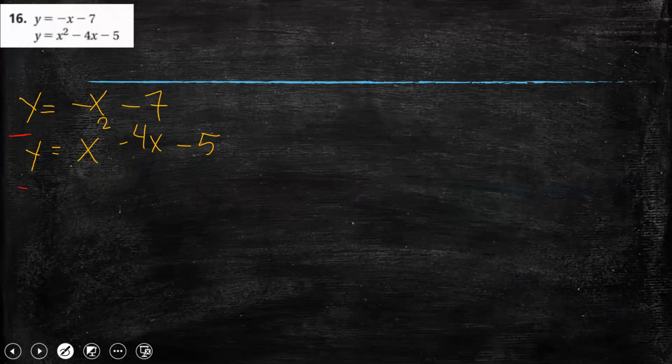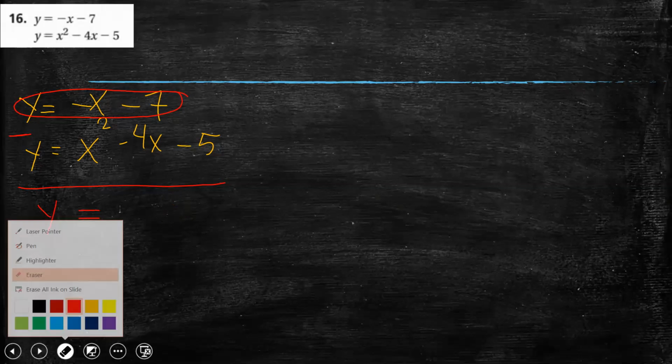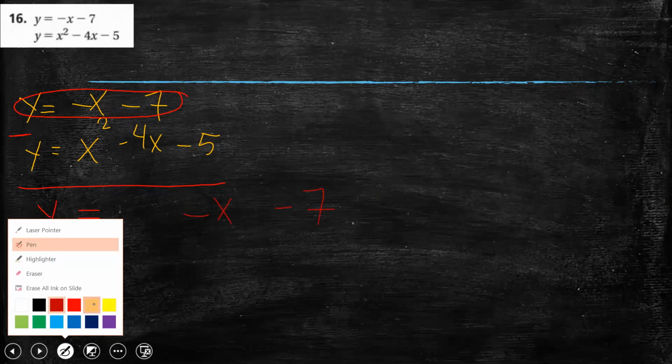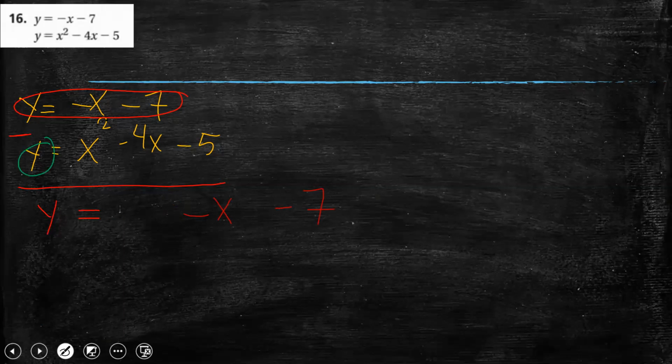To subtract them, what do I have to do? Write the first one as it is, which is y equals negative x minus 7. The second one now, let's change the sign of each term.